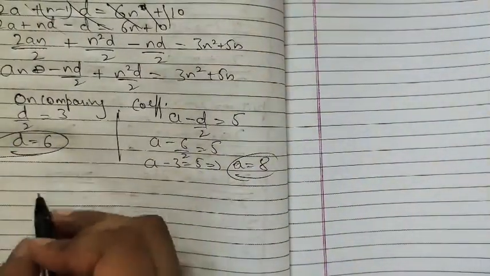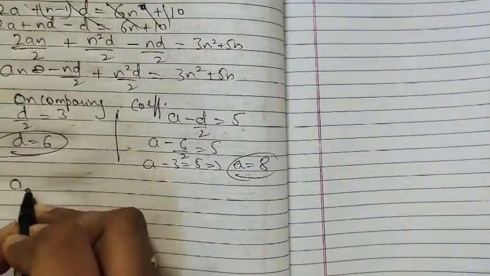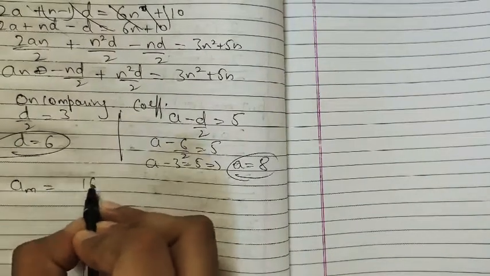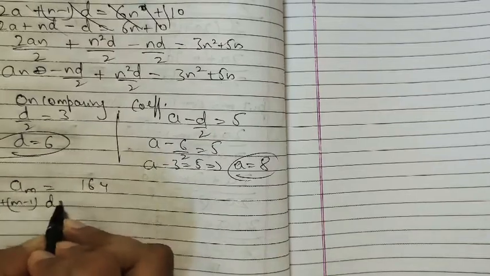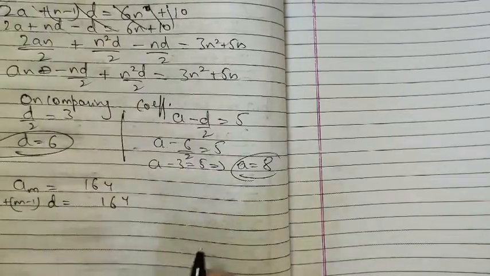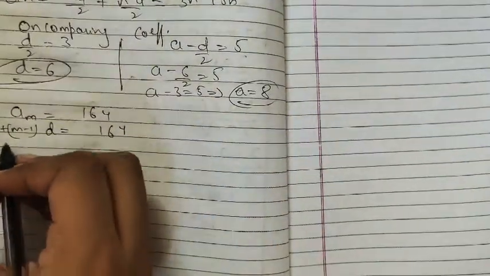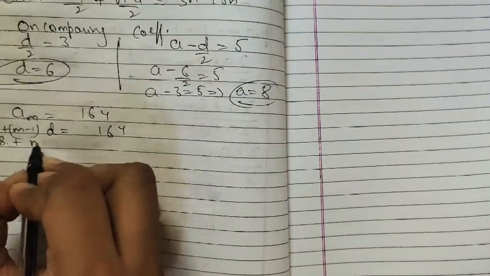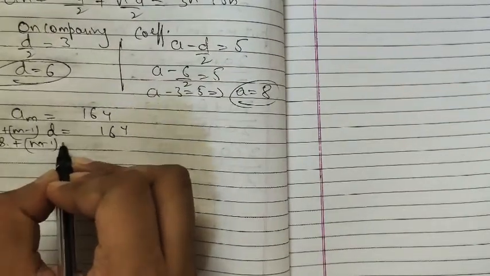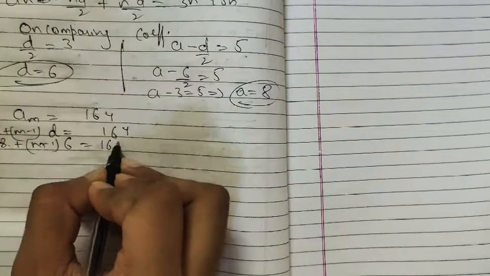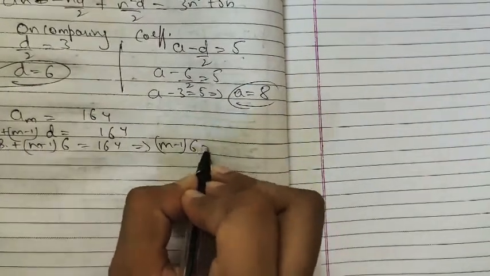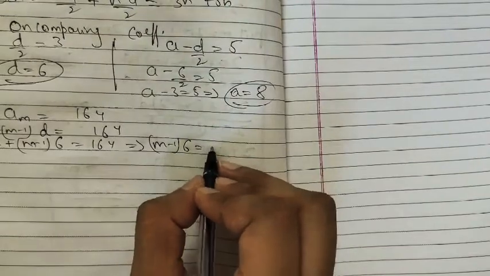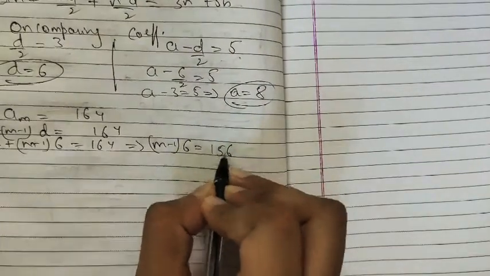Now am is given, so am is equal to 164. So a plus m minus 1, d is equal to 164. So a value is 8 plus m minus 1, d is 6 is equal to 164. So m minus 1, 6 is equal to 164 minus 8 is 156.